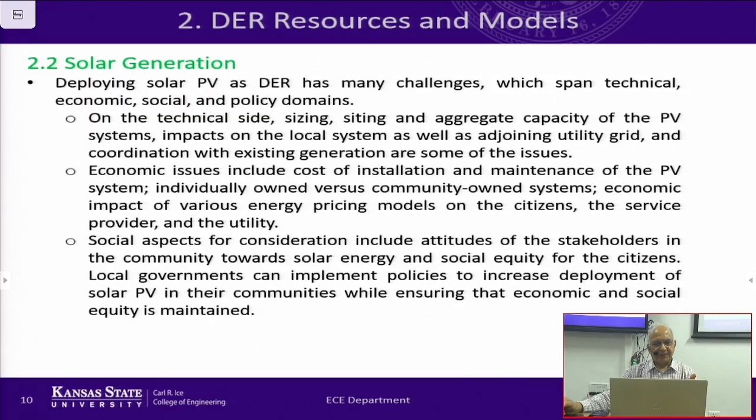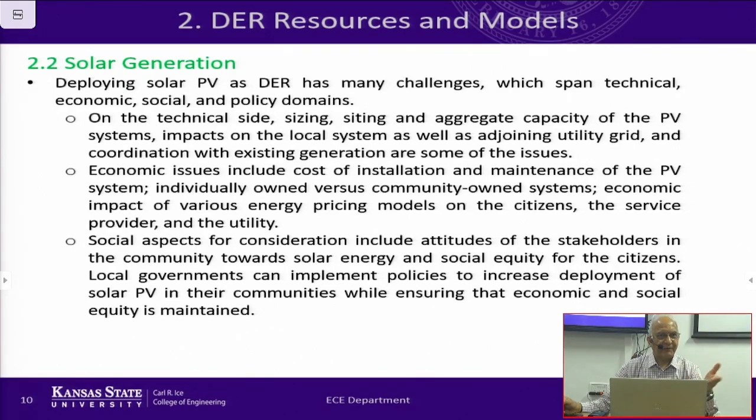The third aspect is the social aspect, because some people like it, some people don't. I don't know how the regulations are in India, but in the US, where I live, I want to put solar panels on my house, but I'm not allowed to, because the area where we live has a homeowners association.